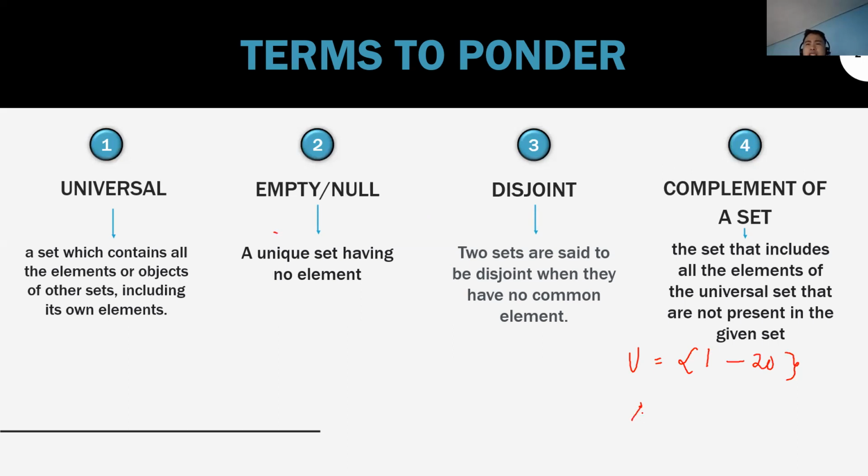And then set A contains 1, 2, and 3. When we say complement of set A, ibig sabihin, ano yung meron kay universal na wala sa akin. So kung titingnan natin, meron dyang 1, 2, 3 yung A. Ibig sabihin, yung 4 hanggang 20 wala kay A. So yun yung complement. That's the complement of set A.